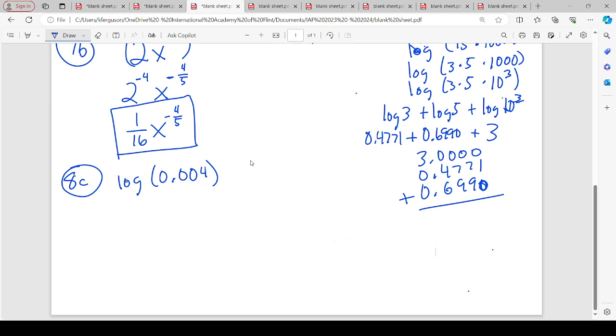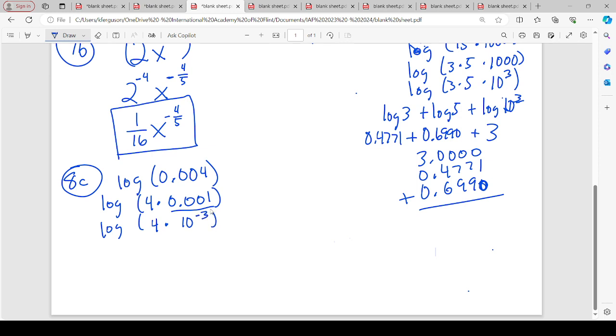When I look at my chart, I don't have that, but I do have 4. So I know that 0.004 is 4 times 0.001. And when I think of scientific notation, I know that that is 10 to the negative 3.